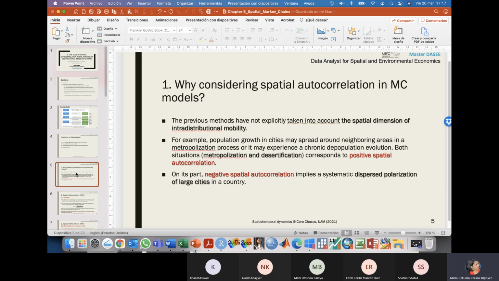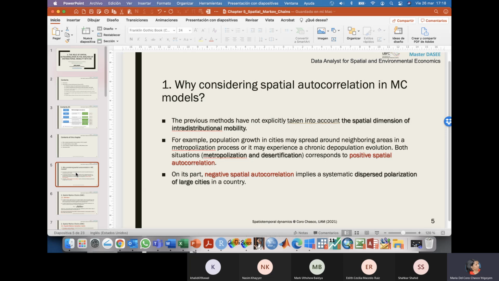First, why consider spatial autocorrelation in Markov chains models? The previous methods, as I said, have not explicitly taken into account the spatial dimension of intra-distributional mobility. We know that, for instance, the cities in Chile can grow or not.